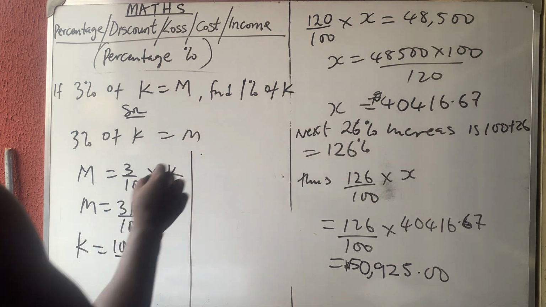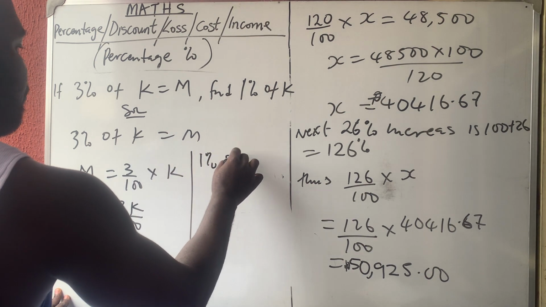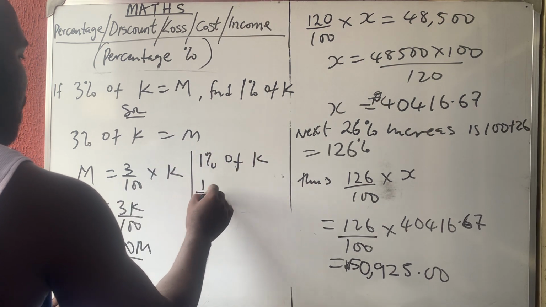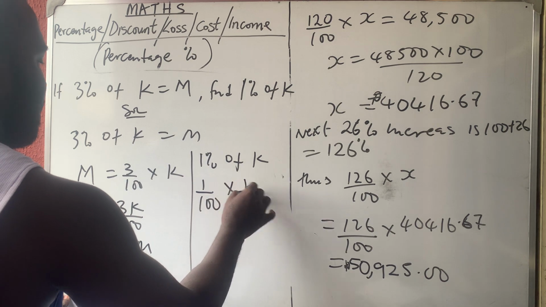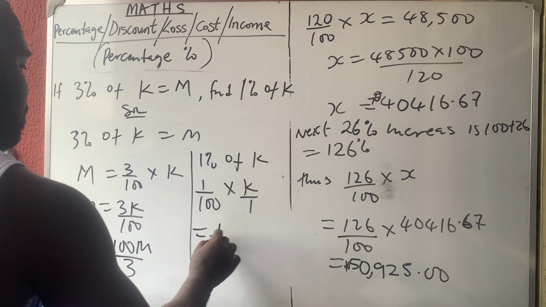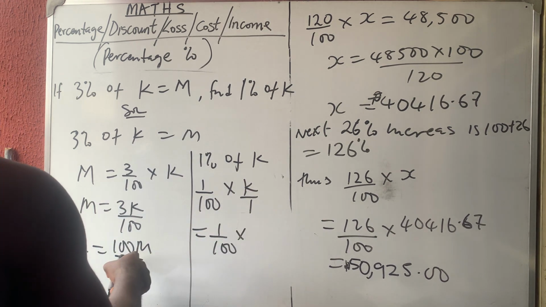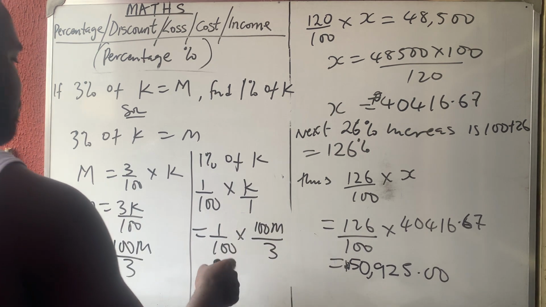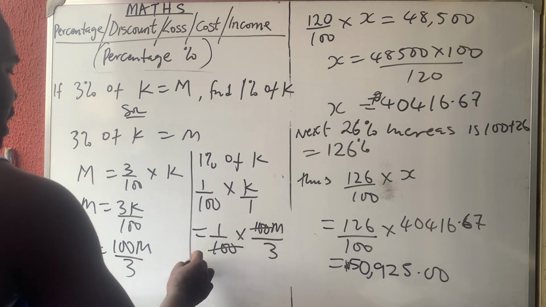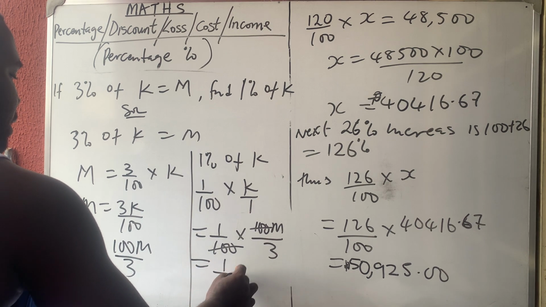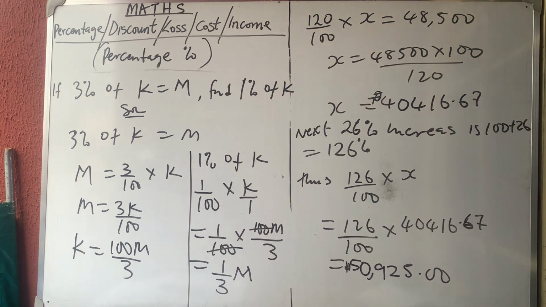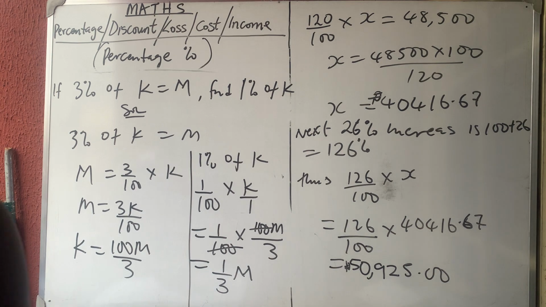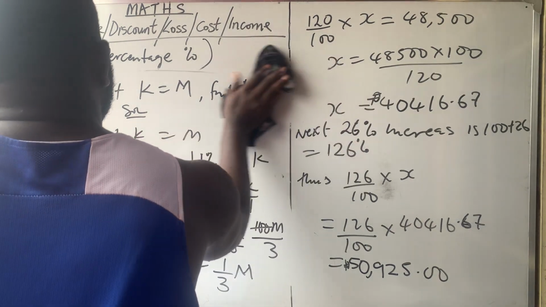So 1% of k is simply 1 over 100 times k over 1, which is 1 over 100 times 100m over 3. So 100 will cancel 100, and I'm going to have 1 over 3 m, or m over 3. As simple as that.